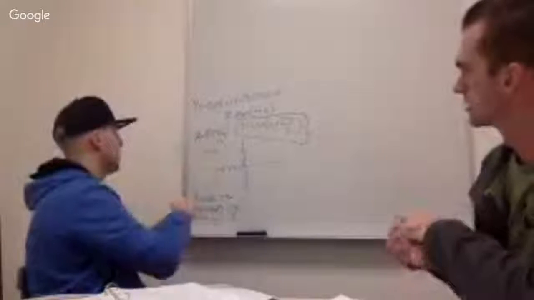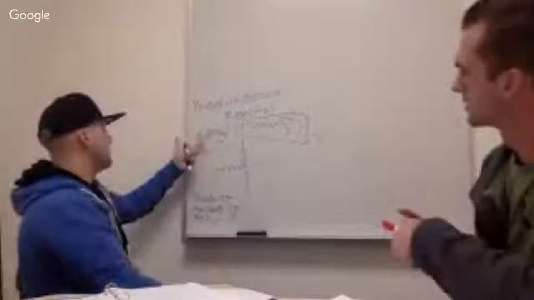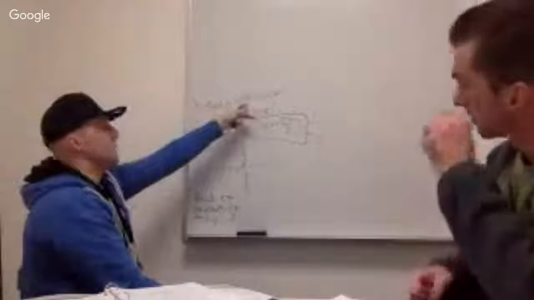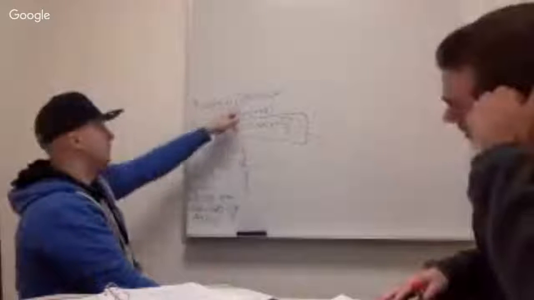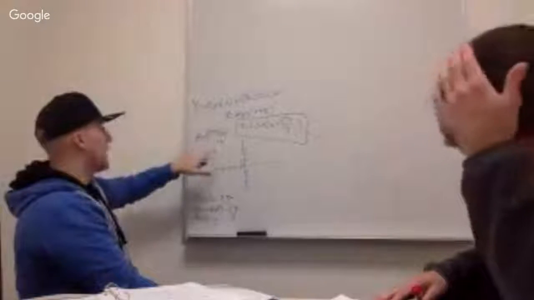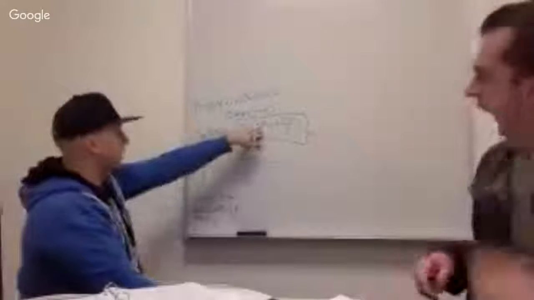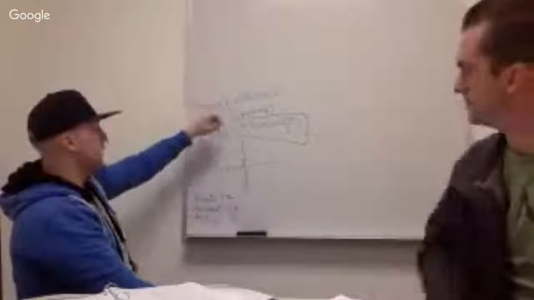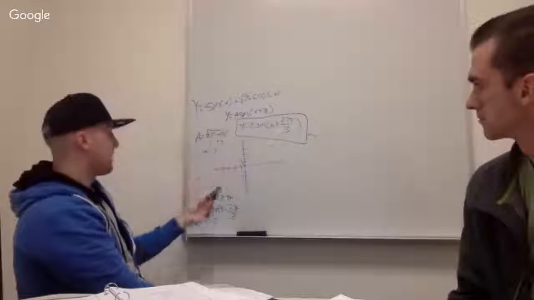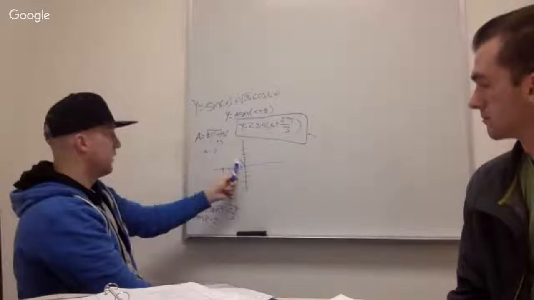The equation really is A equals, just for the heck of it, the square root of A squared plus B squared. So whatever value is in front of cosine and whatever value in front of sine, we plug into this and get the A value.